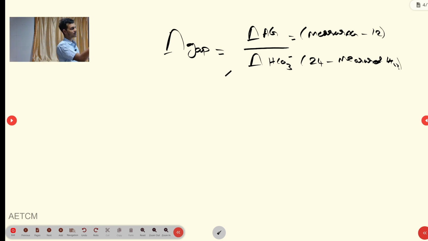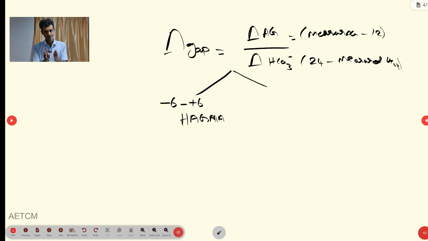Now the interpretation. If the value is between minus 6 and plus 6, that indicates high anion gap metabolic acidosis alone. If the value is more than plus 6, that indicates a mixed metabolic alkalosis also.